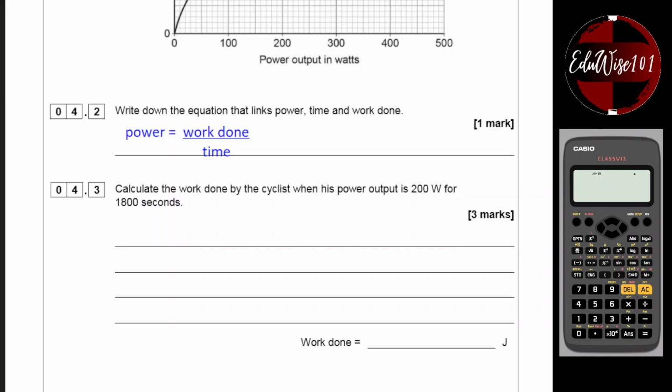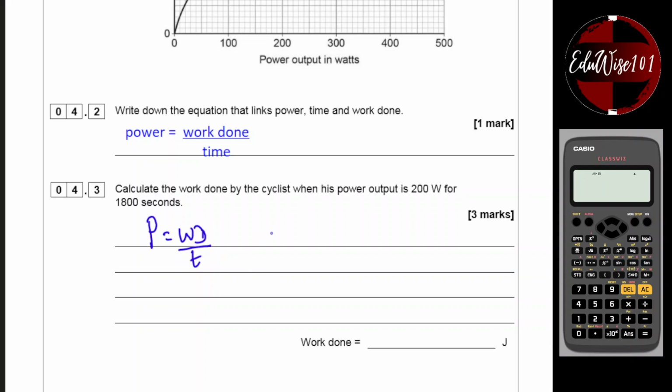Question 4.3. Calculate the work done by the cyclist when his power output is 200 watts for 1800 seconds. So using the above equation, power equals work done divided by the time.